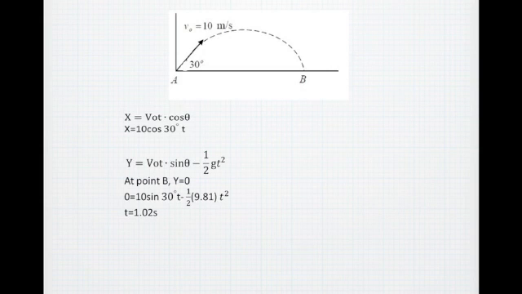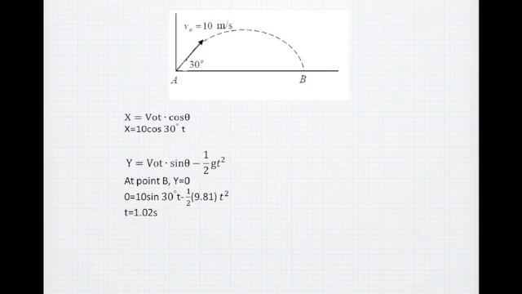To figure out the time traveled by the object, we should use the vertical displacement equation. That is y equals V0 t sine theta minus half g t squared. At point B, the vertical displacement is 0.